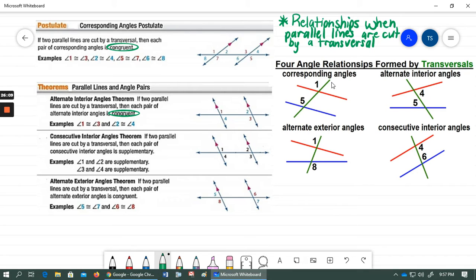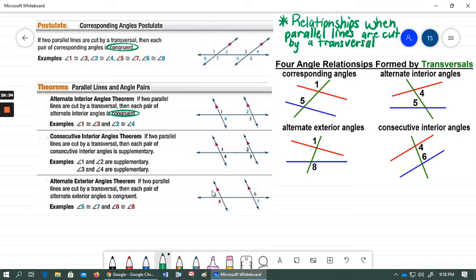Anyway, moving on. Consecutive interior angles. Again, we know that another name for consecutive interior angles is same side interior angles, right? So when we have two parallel lines that are cut by a transversal, then any pair of consecutive interior angles is going to be supplementary. Well, folks, what do you know?